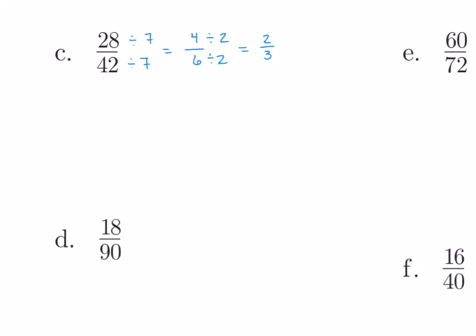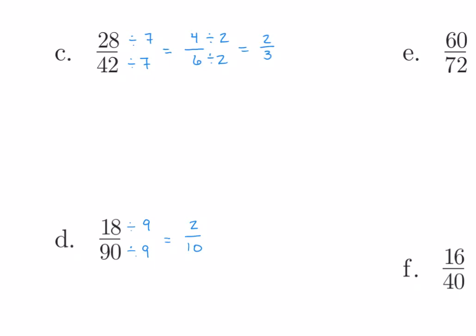All right, let's try another example. Let's try example D, 18/90. My greatest common factor here, or the one that I recognize off the top of my head, is I do know that both of these are divisible by 9. And if I divide by 9, I get 2/10.